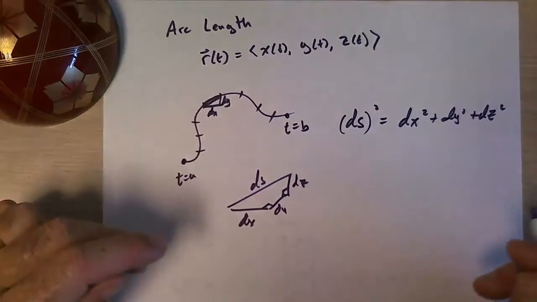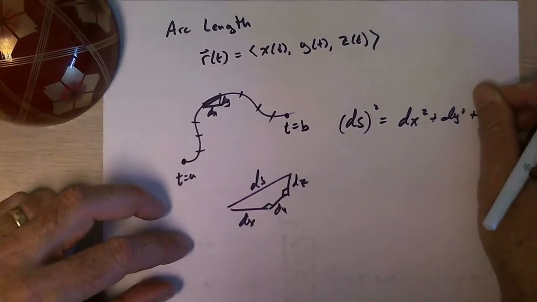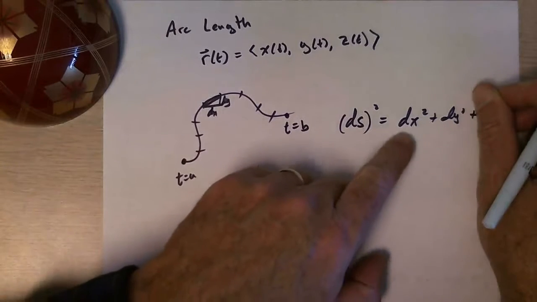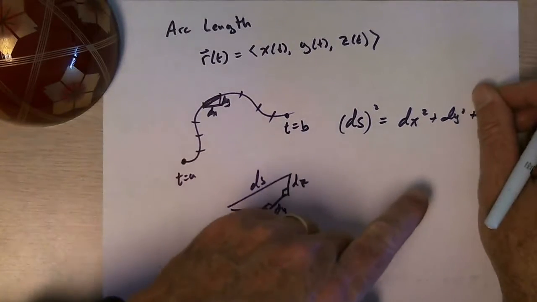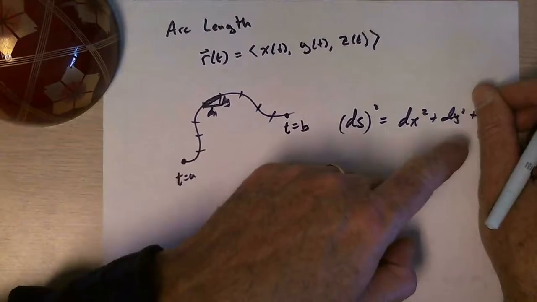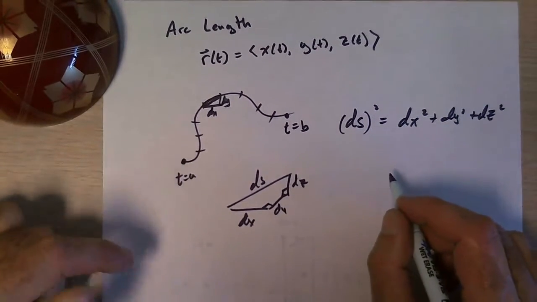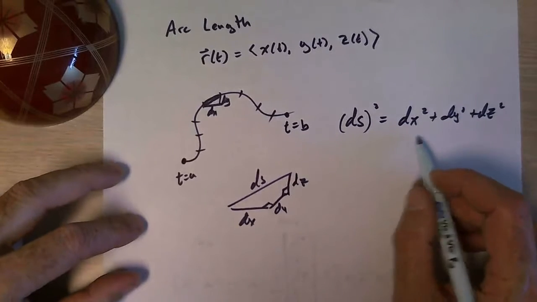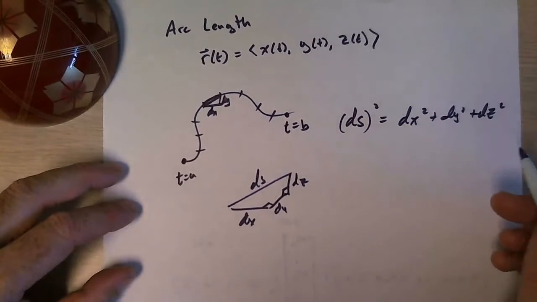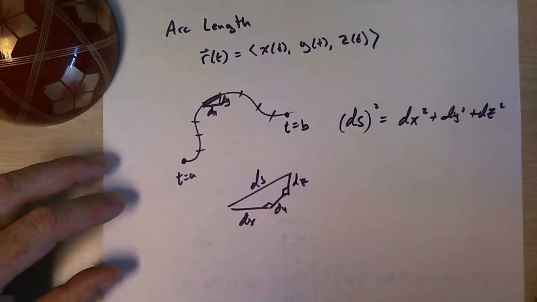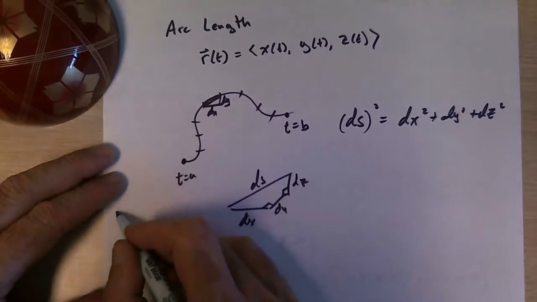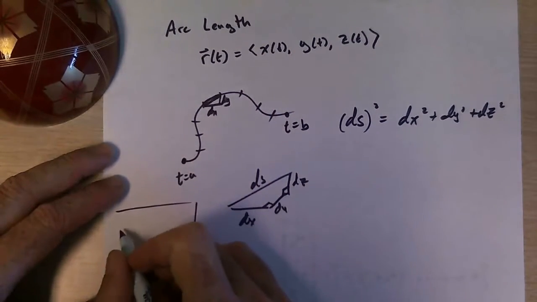Now, in Calc 2, we would say, oh, factor out the dx squared, or factor out the dy squared. What I want to do now is factor out the dt squared. And you might say, but Will, there's no dt in there. And I would say, over on the side here, so?